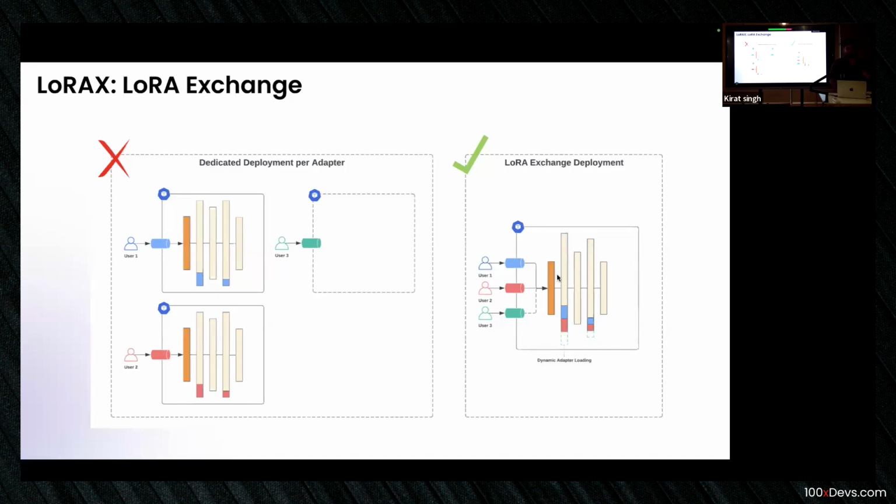This is called LoRA Exchange in one of the libraries called Predibase. Basically, this is multi-LoRA adapter loading. Multiple adapters are loaded, and with one server you can have multiple versions deployed. Is that clear?